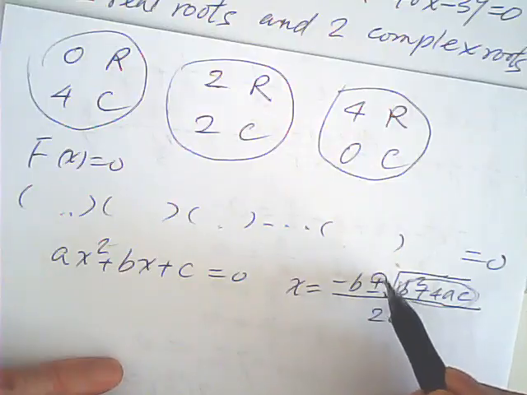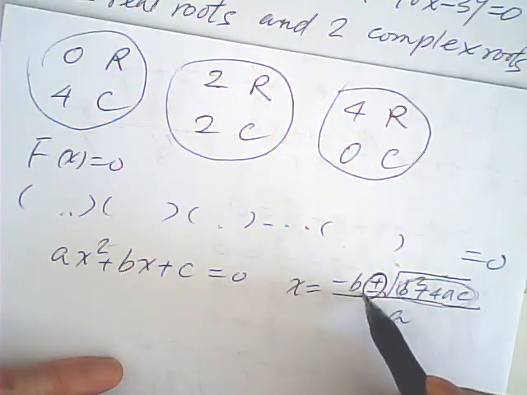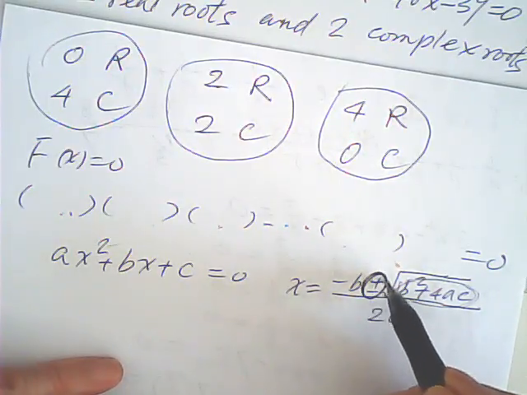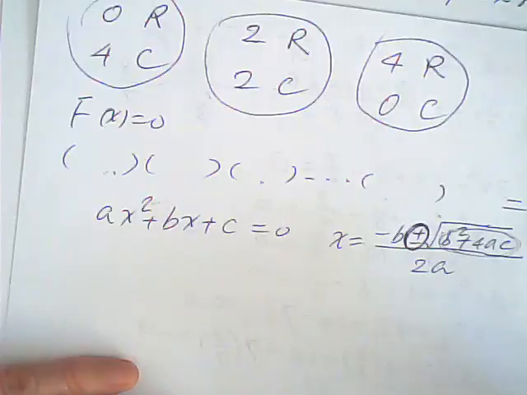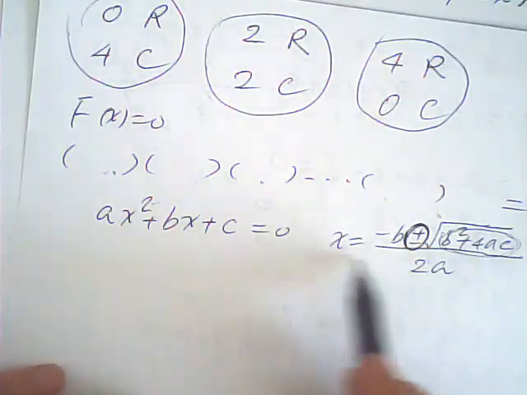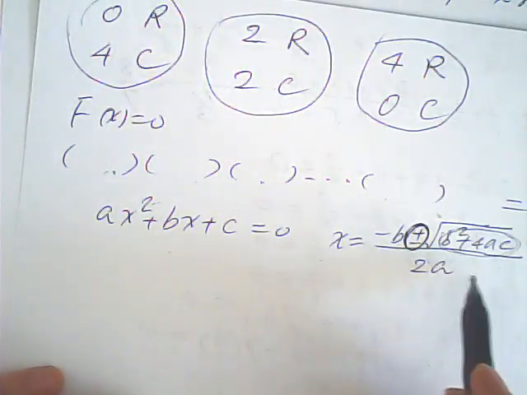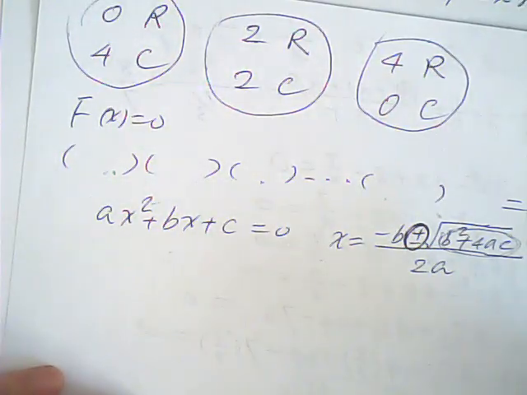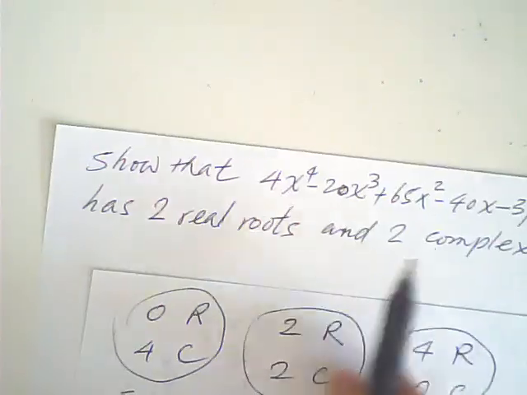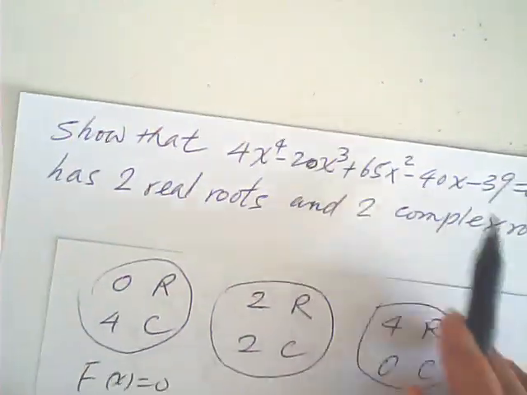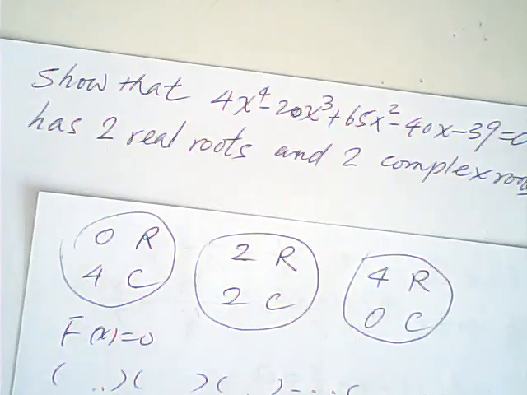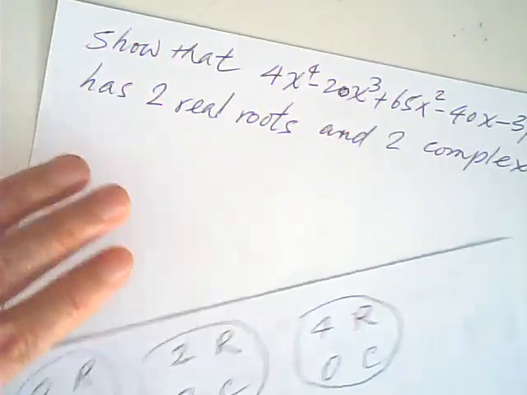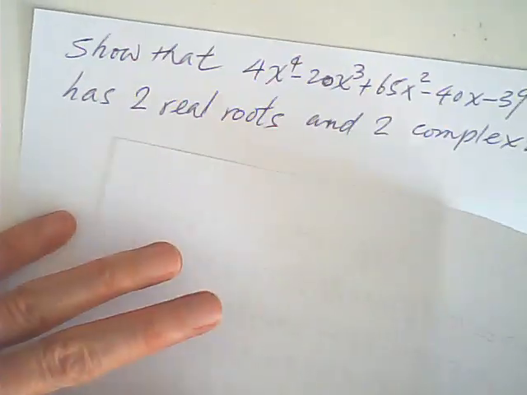So you see, that's why it comes up as two conjugates, two complex numbers which are conjugates of each other. This is the reason why the complex roots must be paired. So this equation must have only three possibilities. Okay, that's number one.